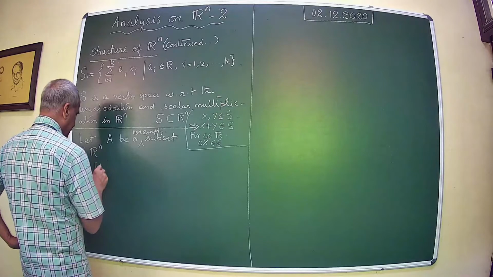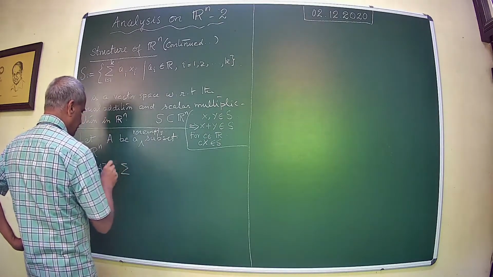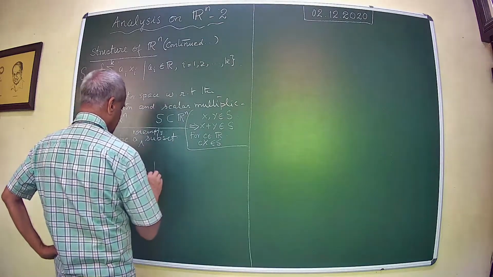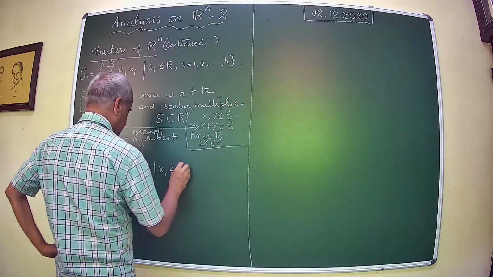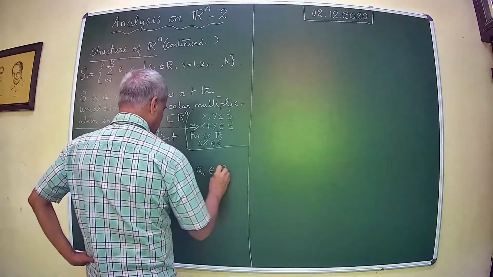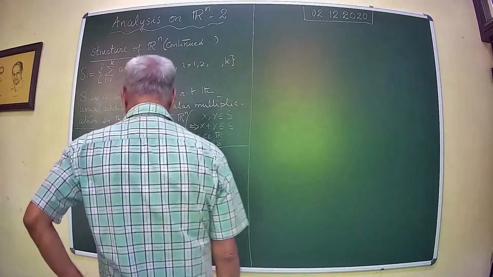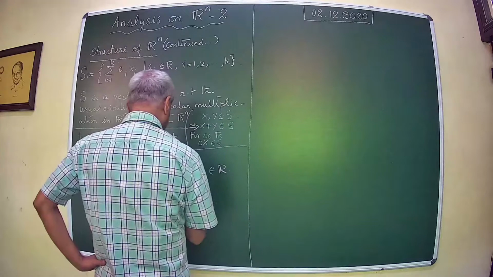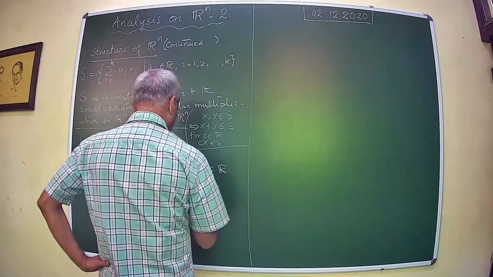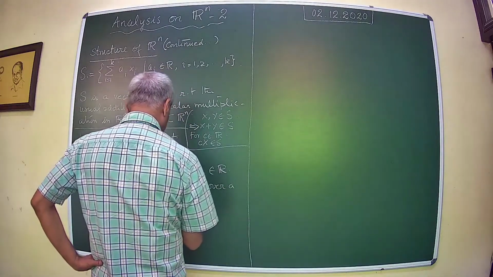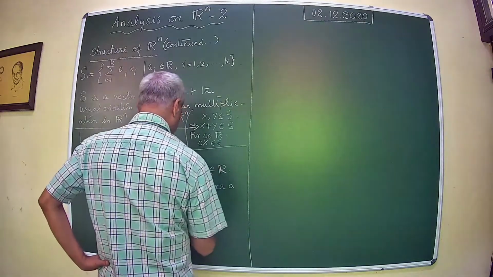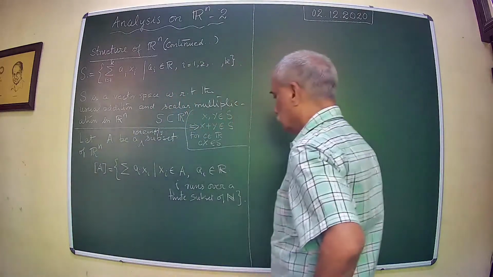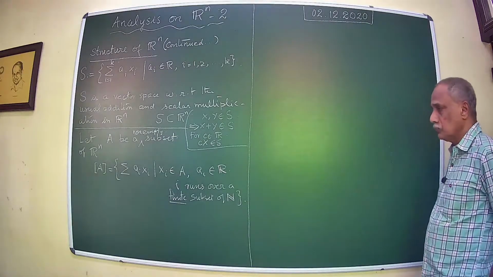You define the collection of all finite linear combinations of elements of A. This is important. Now such collections you get.